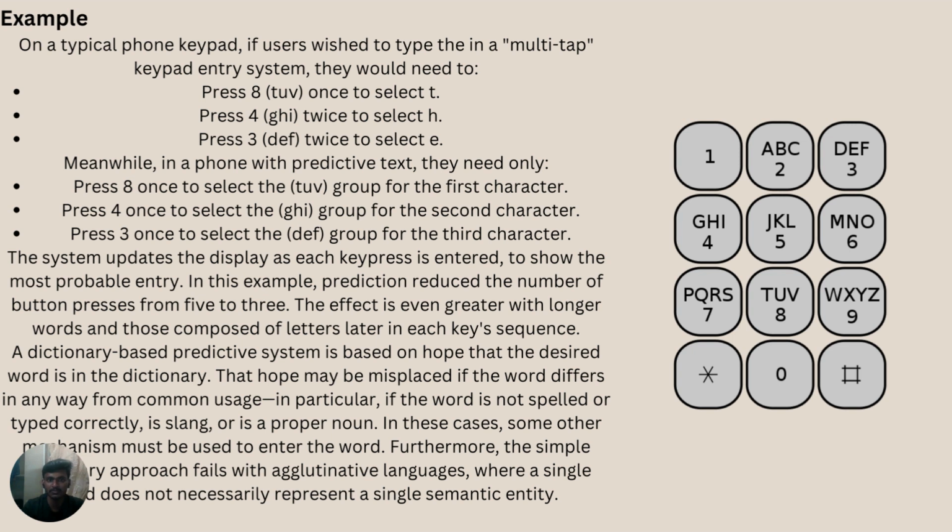That hope may be misplaced if the word differs in any way from common usage, in particular if the word is not spelled or typed correctly, or is slang or some proper noun. In this case, some other mechanism must be used to enter the word. Furthermore, the simple dictionary approach does not deal well with agglutinative languages, where a single word does not necessarily represent a single semantic entity.